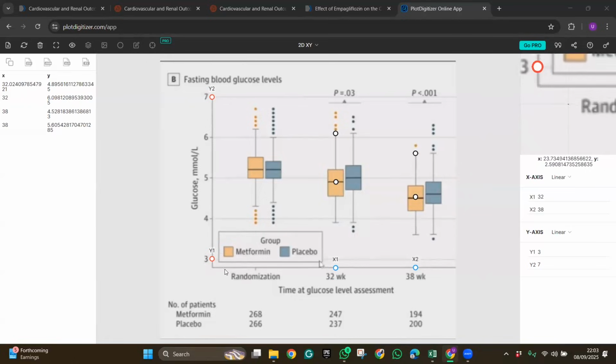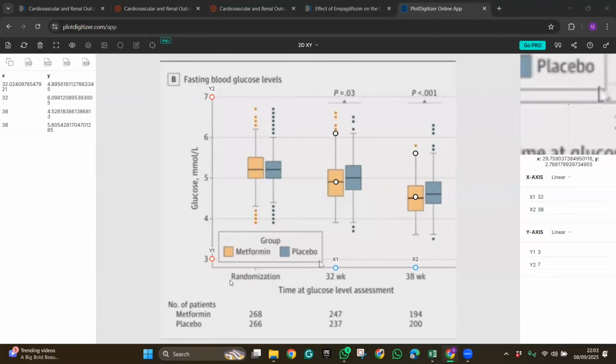If there were a 3 on the x-axis, and if there were outcomes from other studies which had reported this blood glucose level at week 3, then obviously I would have taken the data and calculated the SD at week 3. But there is no week 3 on the x-axis. This 3 is along the y-axis, okay?